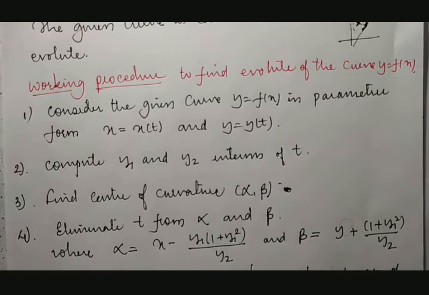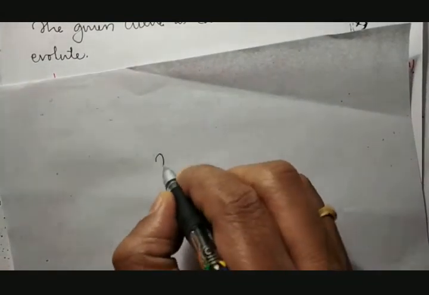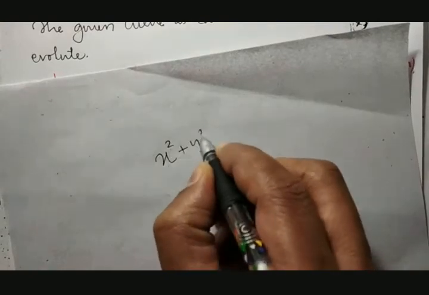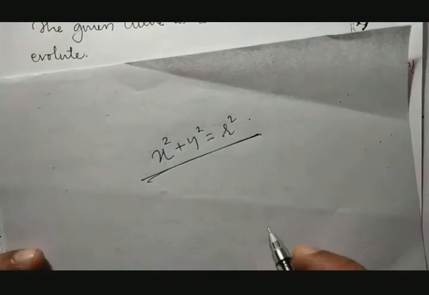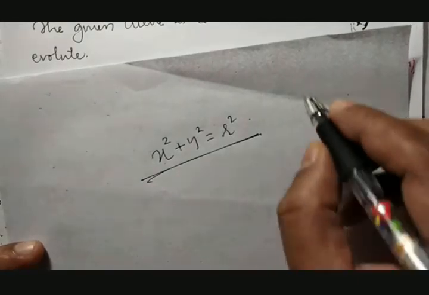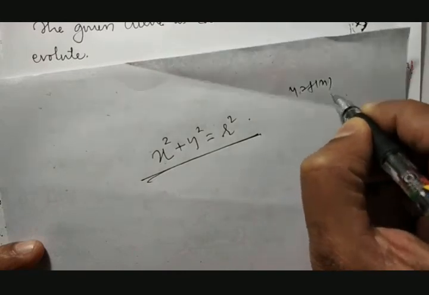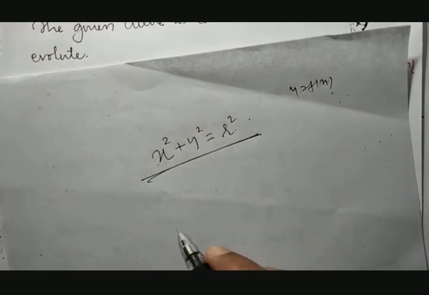For example, the equation of a circle is x square plus y square is equal to the square of the radius. This is the equation of a circle in Cartesian condition, like y is equal to f of x, and this has its own parametric conditions.